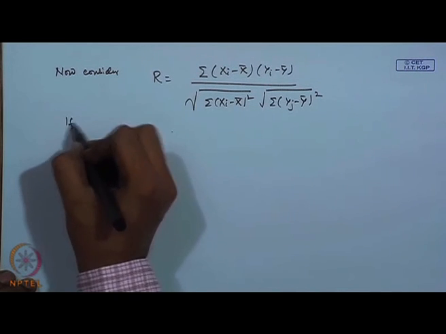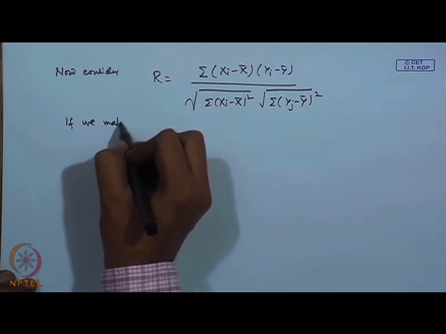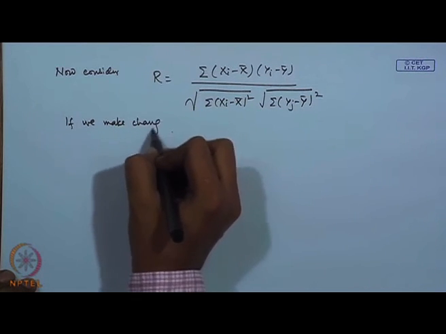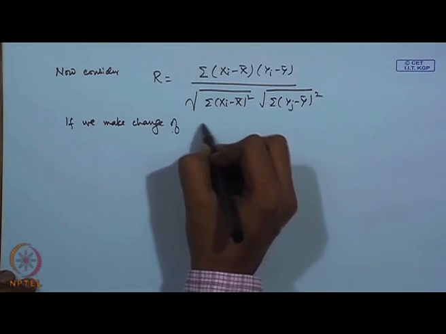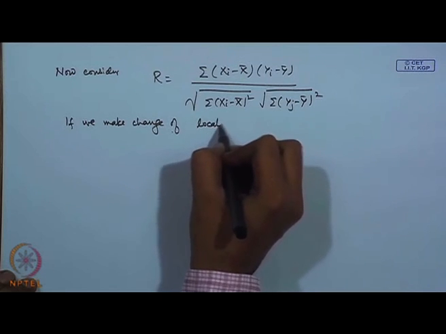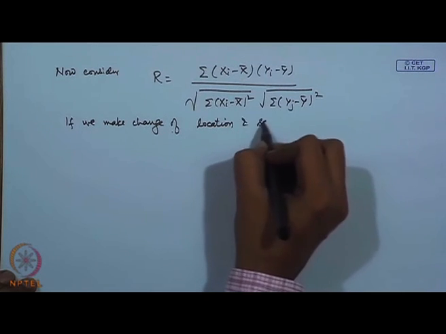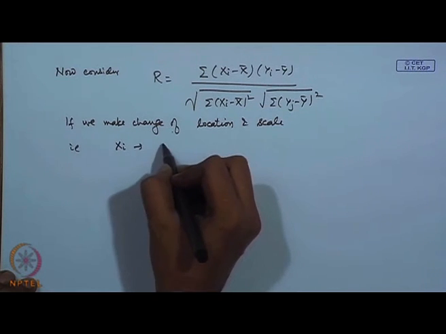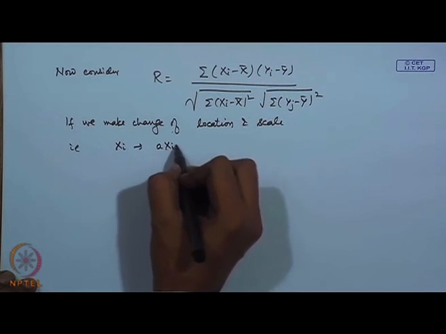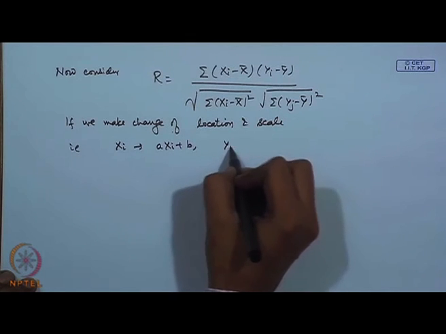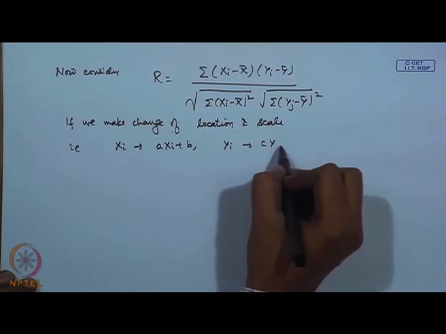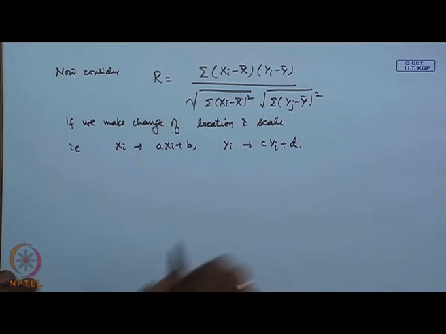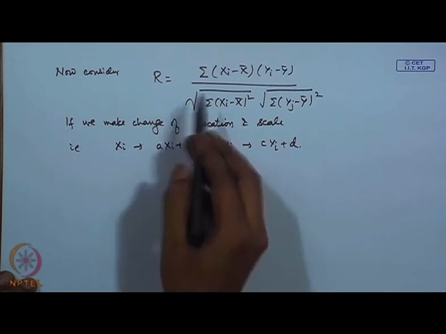If we make a change of location and scale, that is, if I say x i goes to say a x i plus b and y i goes to some c y i plus d, then what happens here?